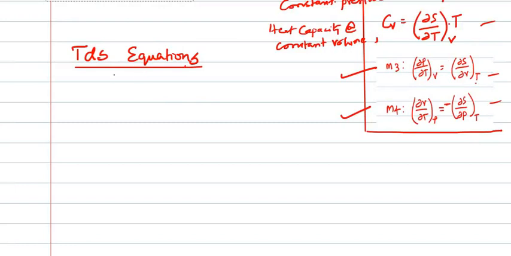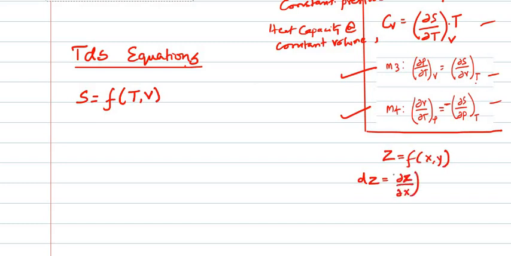So let entropy be a function of temperature and volume. We know that if Z is a function of X and Y, then I can write dZ is equal to dou Z by dou X at constant Y into dx, and dou Z by dou Y at constant X into dy.